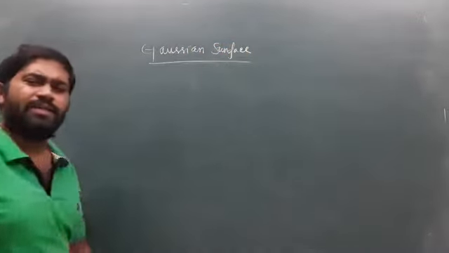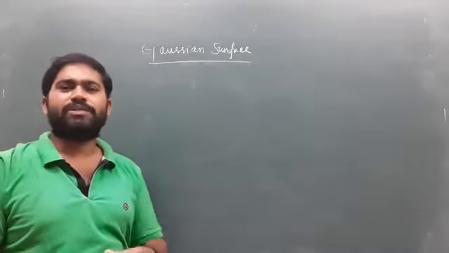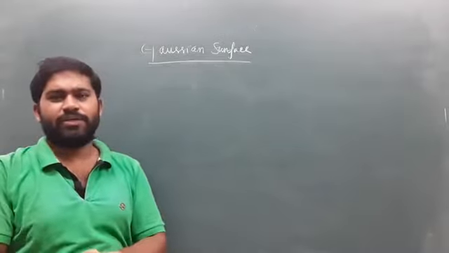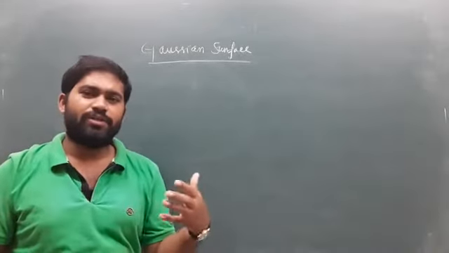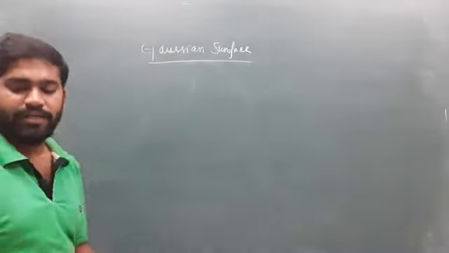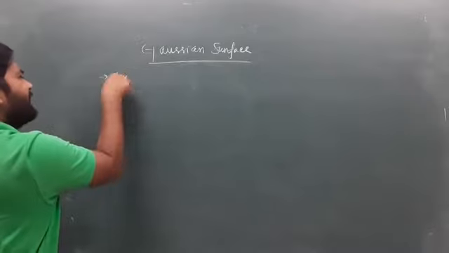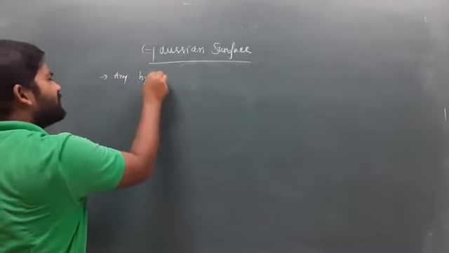Okay, so generally a Gaussian surface is a hypothetical, or simply an imaginary, surface which is used to determine the electric field.